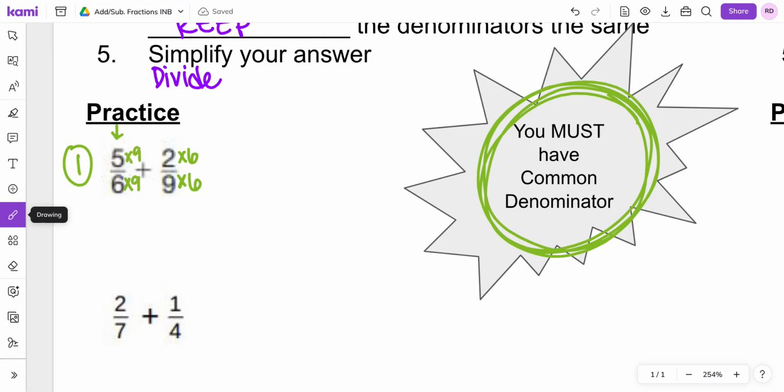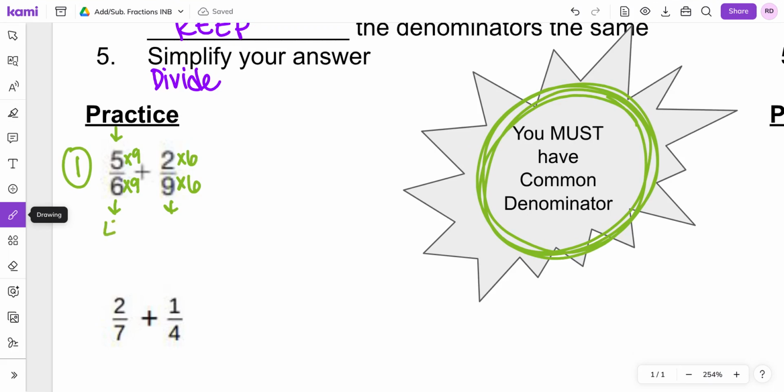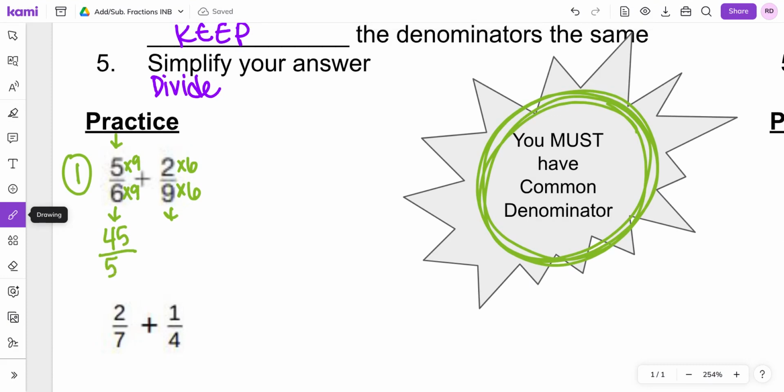And again, whatever I do to the bottom, I have to do to the top. This gives me 5 times 9 is 45, and 6 times 9 is 54, plus 2 times 6 is 12, and 9 times 6 is still 54.